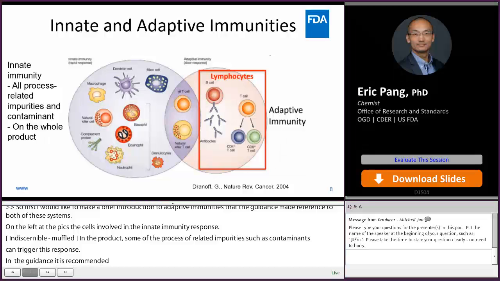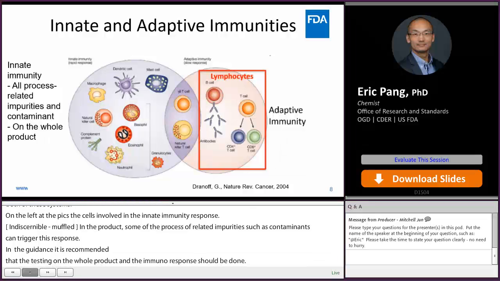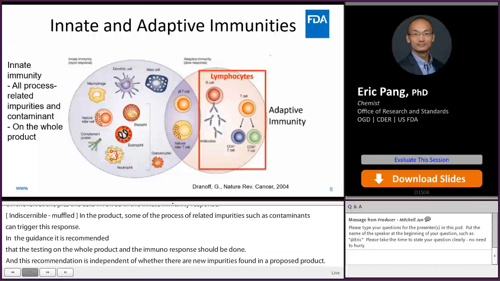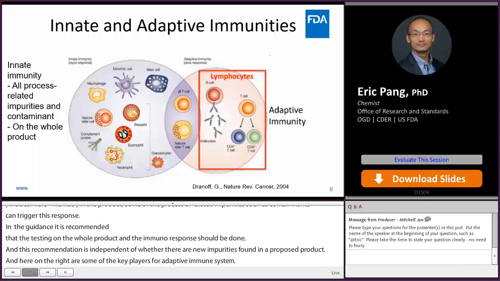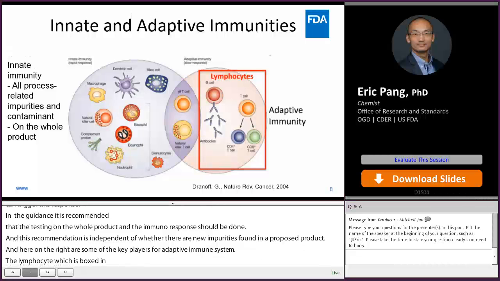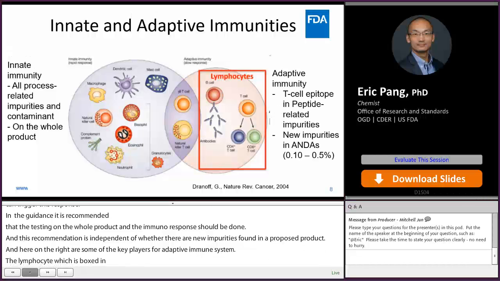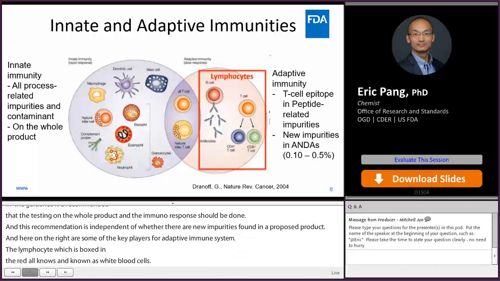And here on the right are some of the key players of the adaptive immune system. The lymphocytes, which are boxed in red, also known as white blood cells, include B cells and T cells. The B cells secrete antibodies, and T cells can be activated by MHC-binding peptide antigens. Their roles include direct killing of host cells, activating immune cells, producing cytokines, and regulating immune responses.